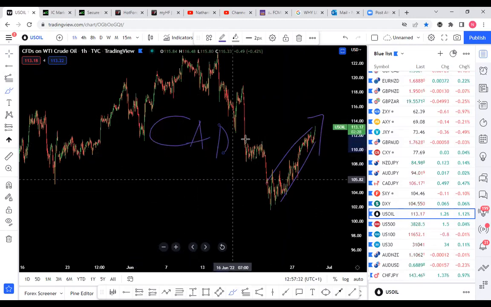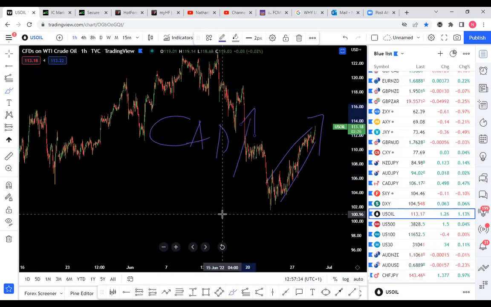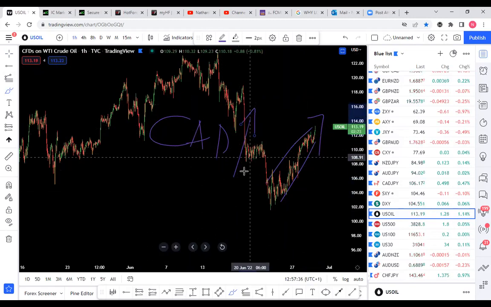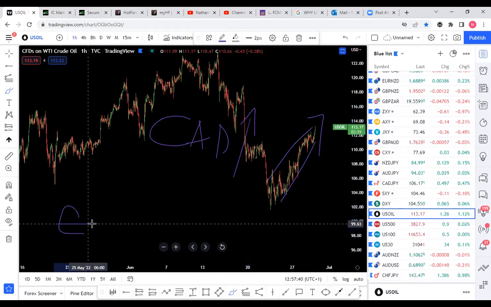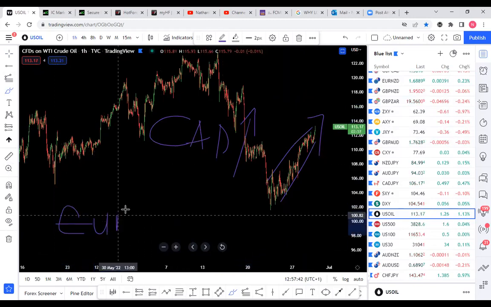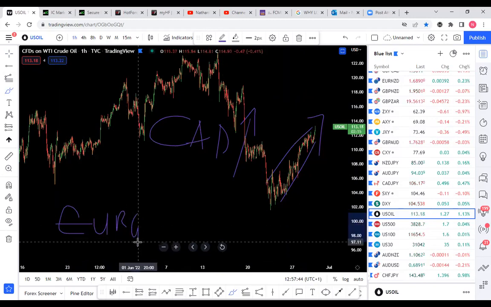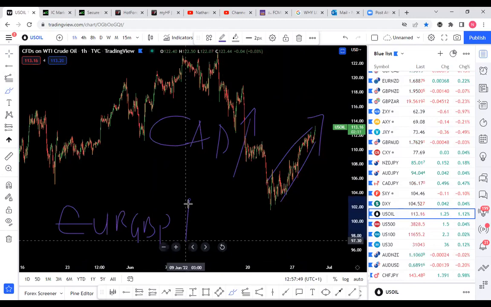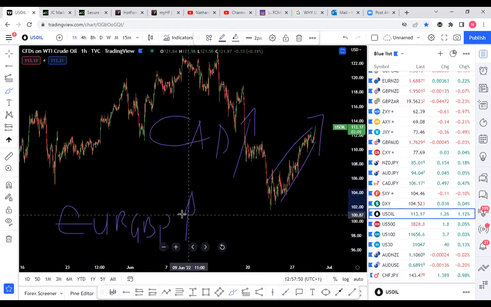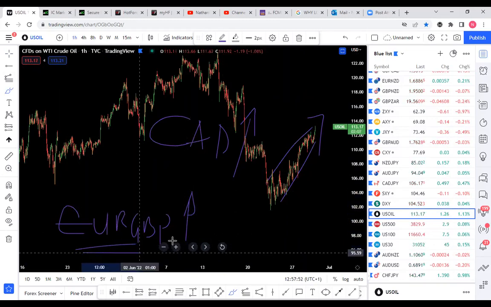Put that aside. Then Euro GBP. Did you see what was happening to Euro GBP? Euro GBP was very strong, going up. And based on this, if Euro is going up, what happened to GBP?